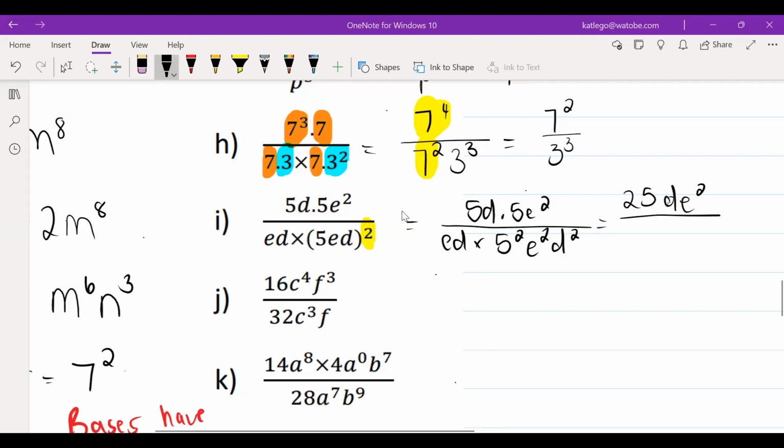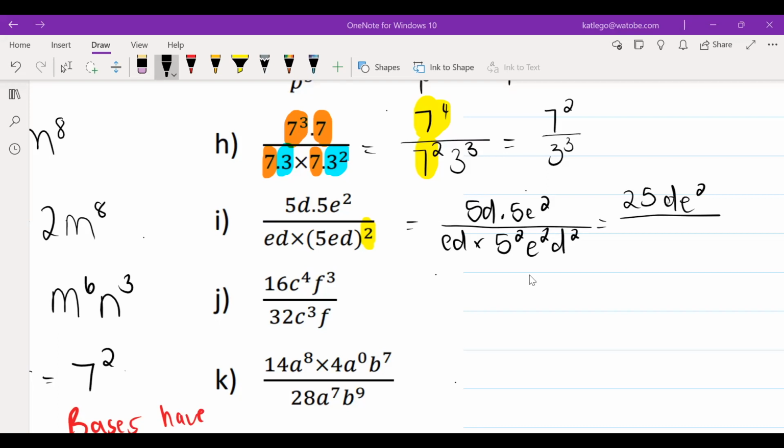In our denominator, is there anything we can simplify there? Okay, we have a 5 squared, and that's going to give us how much? $25.